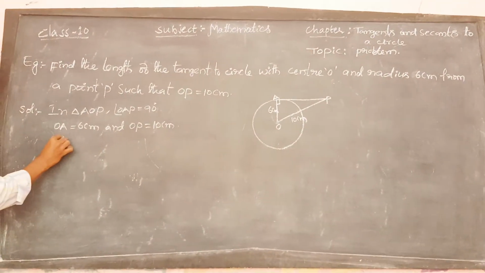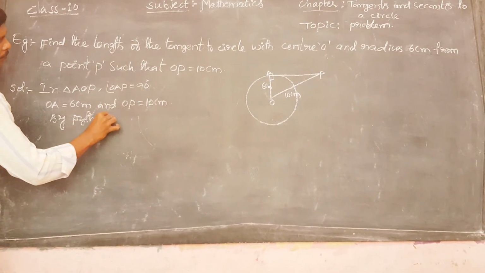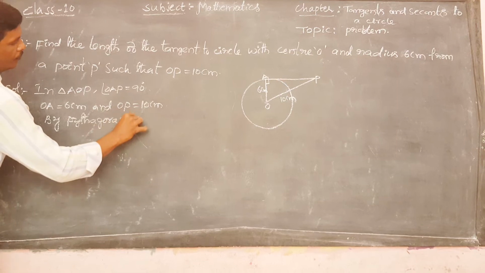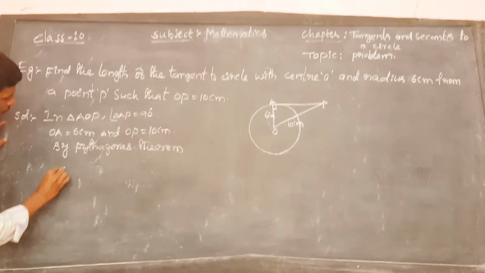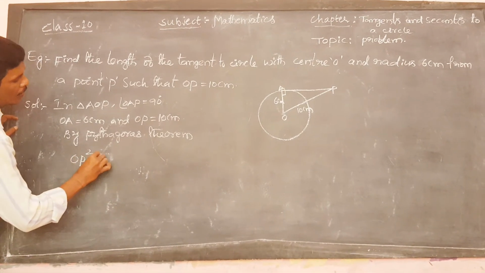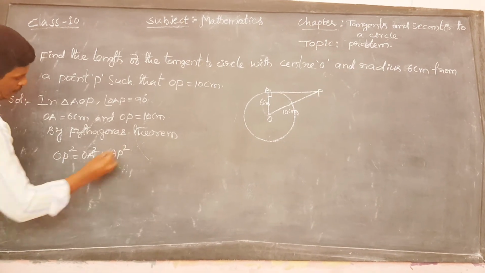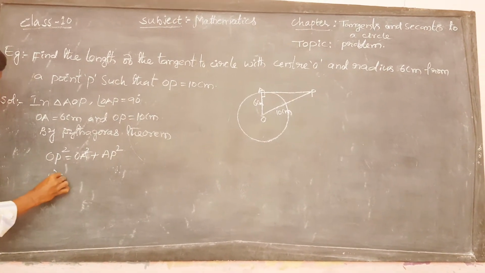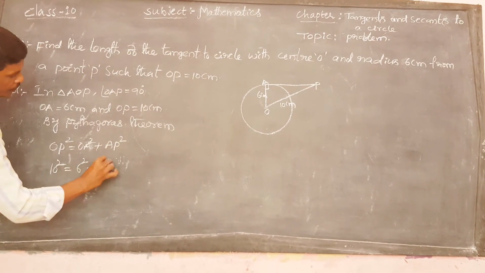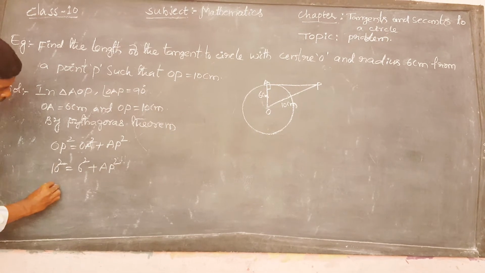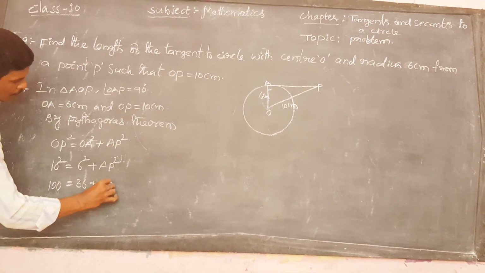By Pythagoras theorem, OP square equals OA square plus AP square. OP square means 10 square equals OA square means 6 square plus AP square. 10 square means 100 equals 6 square means 36 plus AP square.